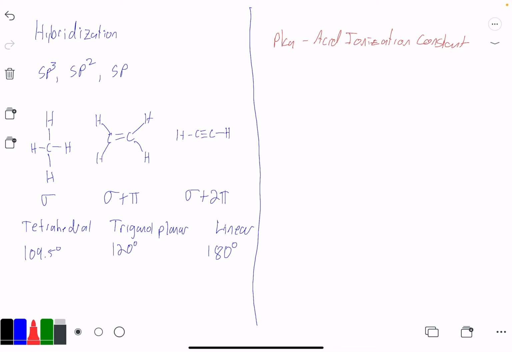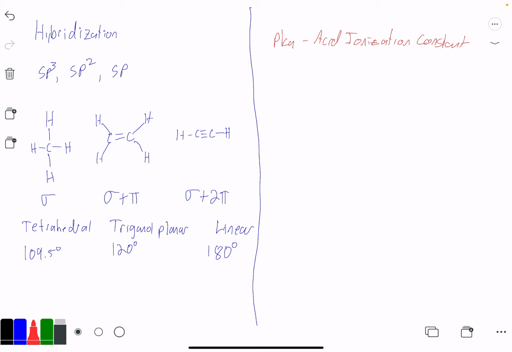And so being aware of different pKa values can really help you figure out what's going to react with what when you have a bunch of things in a mixture. So you need to be familiar with your general functional groups, and you need to have a rough idea of where their pKa's are, right?